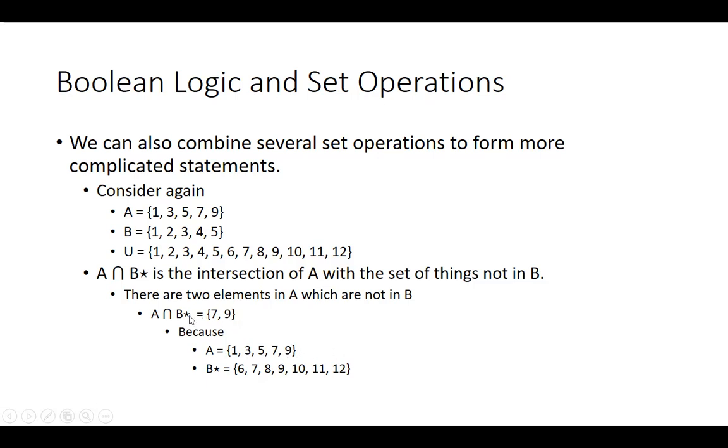B star is the set of things not in B. So if 1 through 5 is in B, and the possibilities are 1 through 12, that means 6 through 12 would be B star, the complement of B, the things not in B. So to take the intersection of A and B star, it has to be in both sets, and only 7 and 9 are in both sets. And that's how we found the two elements in A which are not in B.